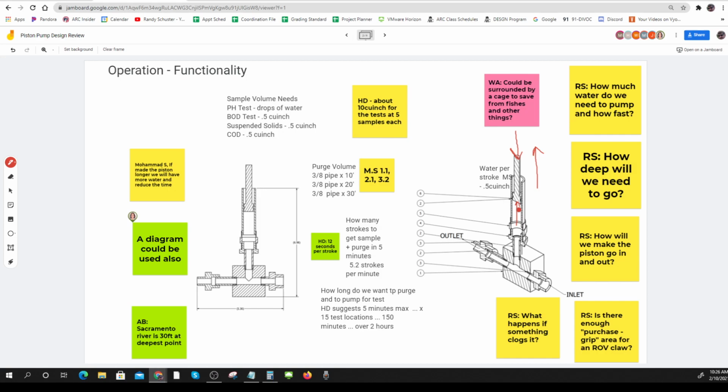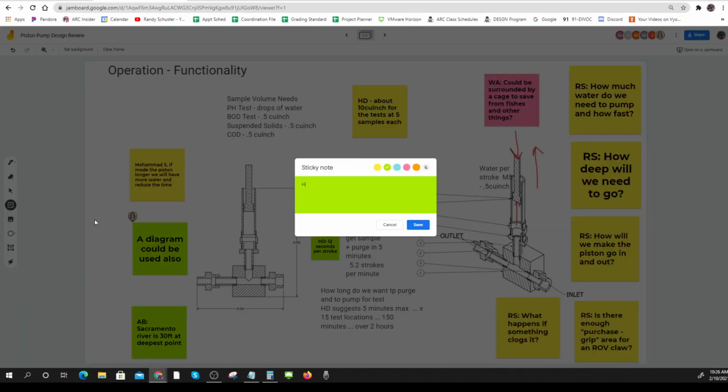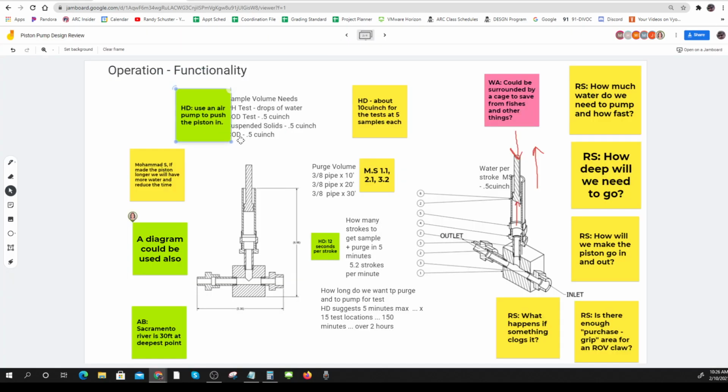Or pull it back? So I like that. So Haley says, we can definitely do that. Would an air pump be able to get the air underwater?